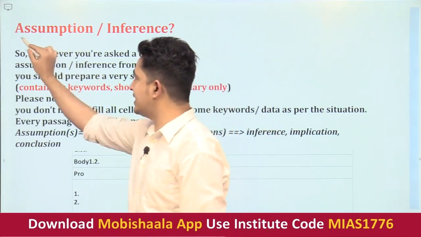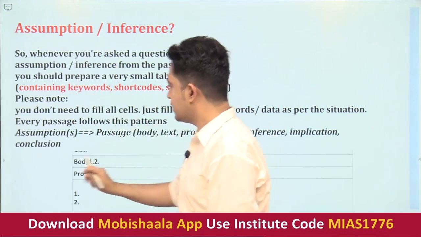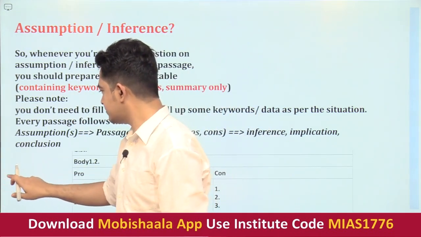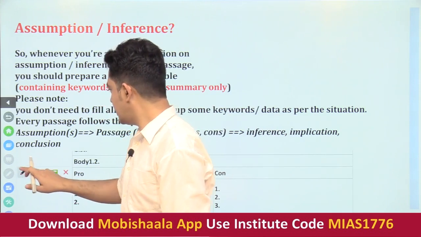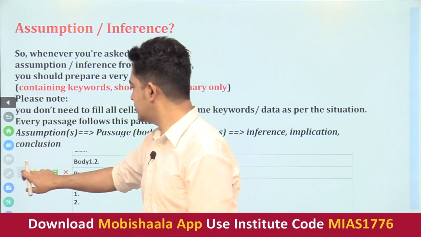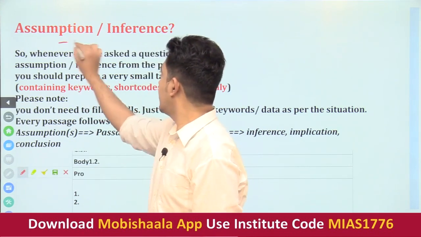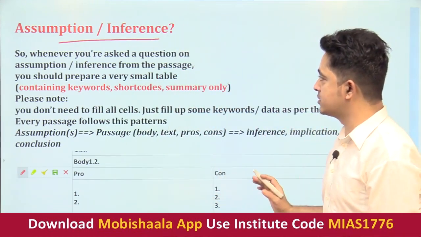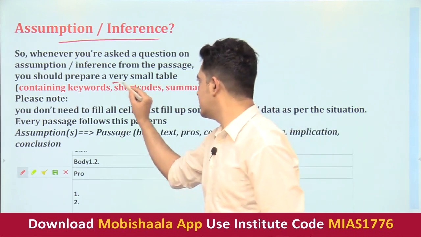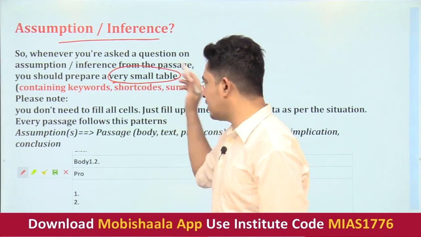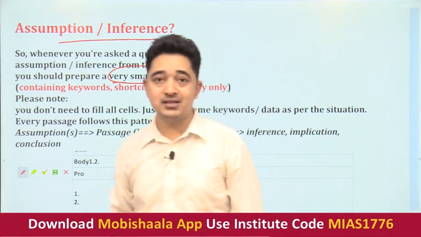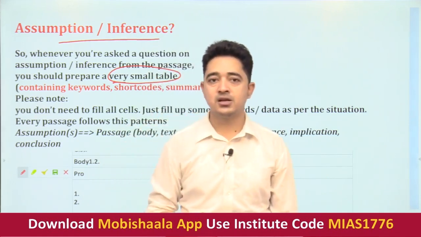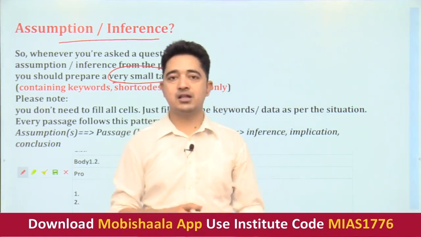So how will you deal with such questions where we talk about assumptions and inferences? Whenever you are asked assumption and inference questions from the passage, you should prepare a very small table. In the exam there is a lot of pressure on a student, because within 2 hours you have to solve maths also, reasoning also.